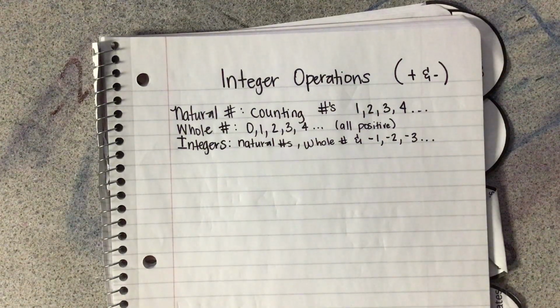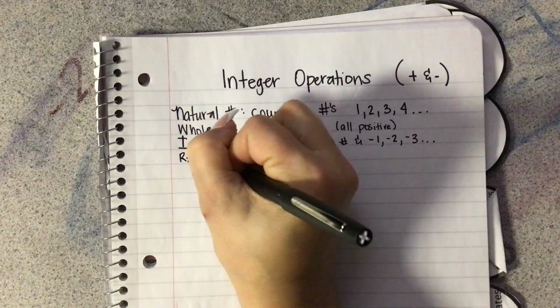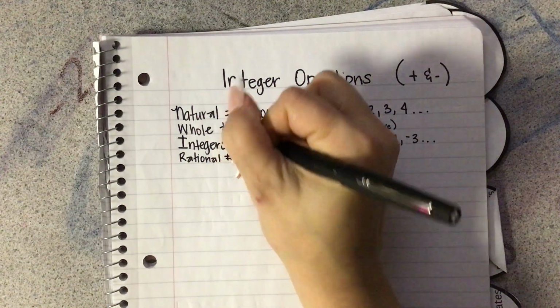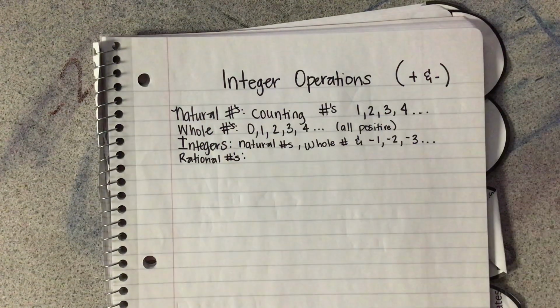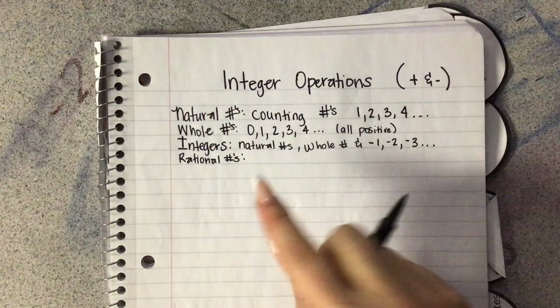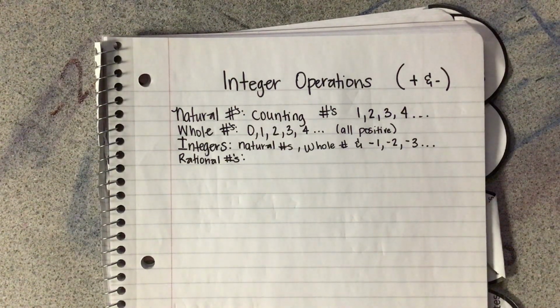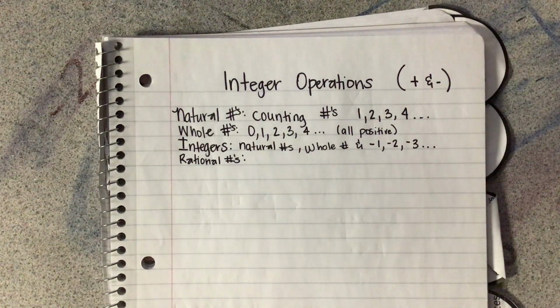And then we have, lastly, rational numbers. Forgot the S. So rational numbers are natural numbers, whole numbers, and integers, as well as pieces of numbers. So rational numbers, I just like to say everything. Everything's a rational number.